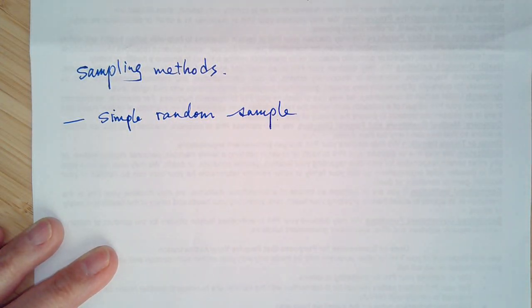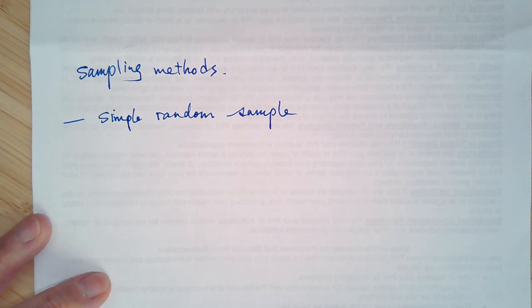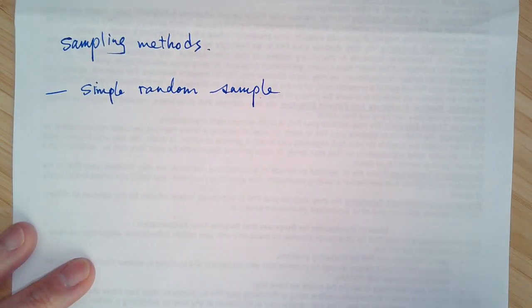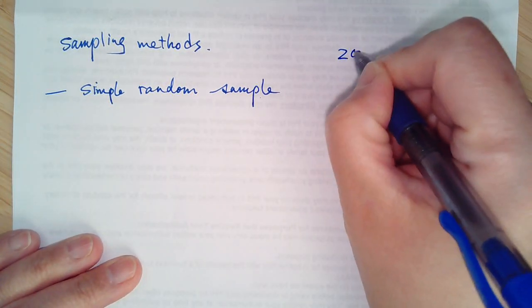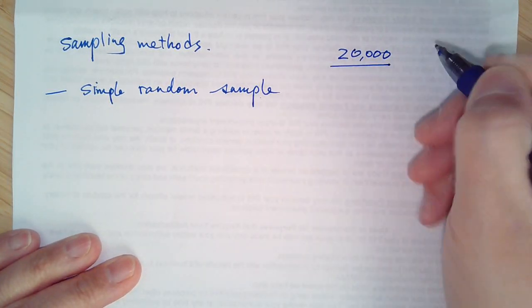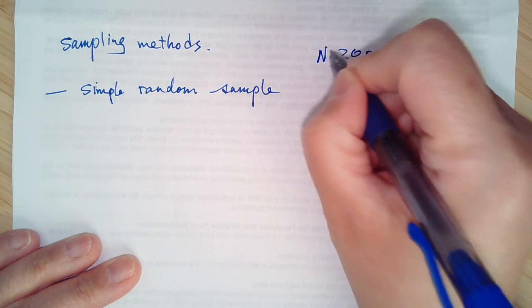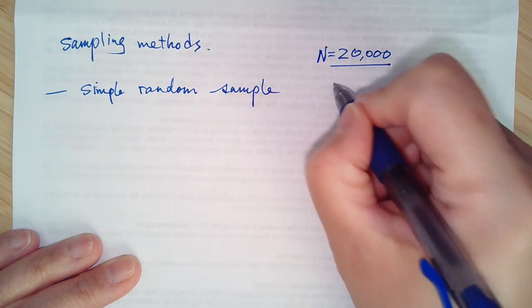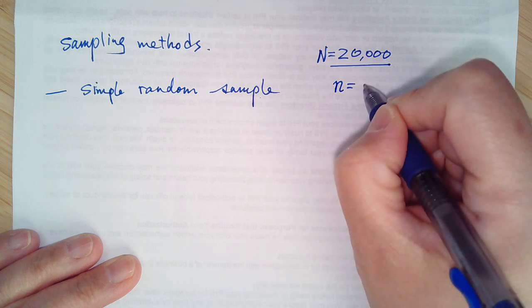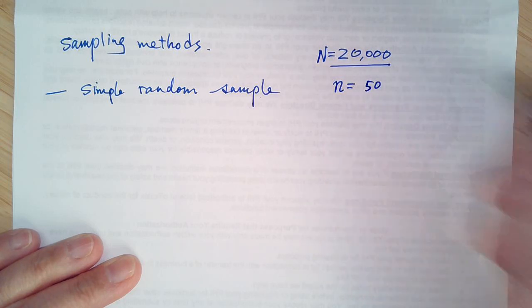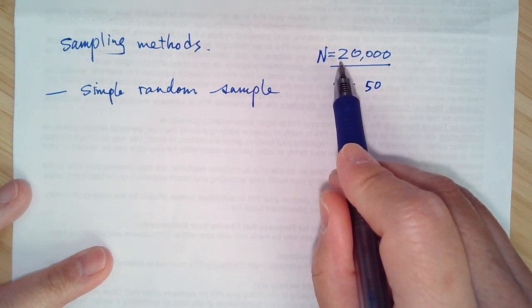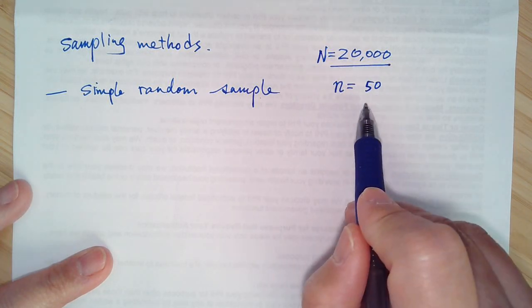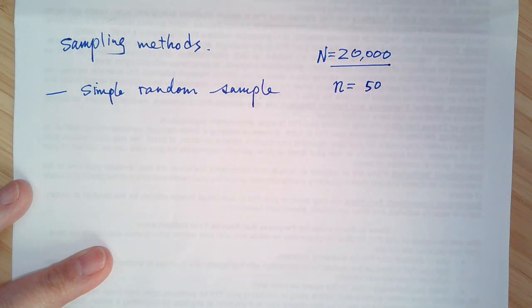You can tell me a random sample, it's the same thing. I don't really care. For example, our school has 20,000 students, and this is capital N, remember? Capital letter means the population size. And I want to get n equals, let's say, 50. I want to choose a sample of 50. So each person out of these 20,000 has the same chance to be chosen. That's a simple random sample.